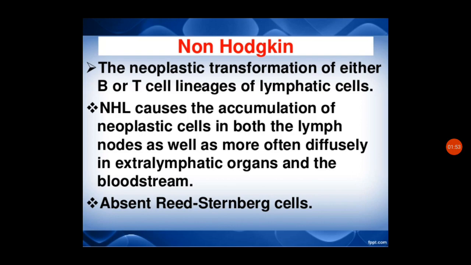So a diffuse pattern of spread can be seen in non-Hodgkin's disease. One more important difference between these two is the absence of the Reed-Sternberg cell in non-Hodgkin's disease. There is no Reed-Sternberg cell, which is a characteristic finding in Hodgkin's disease.